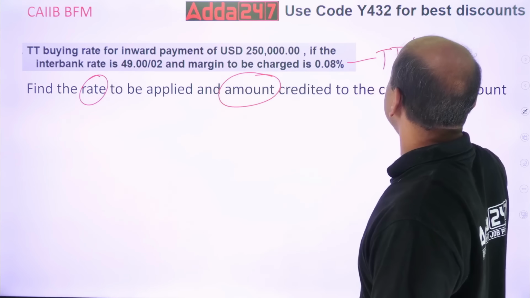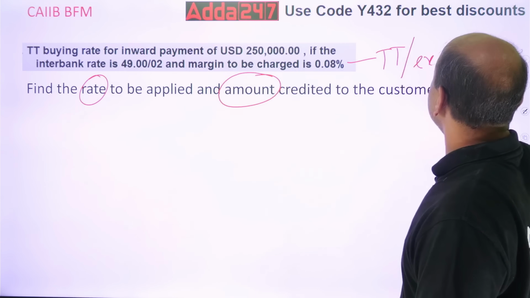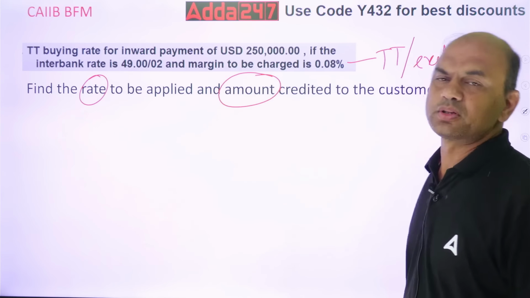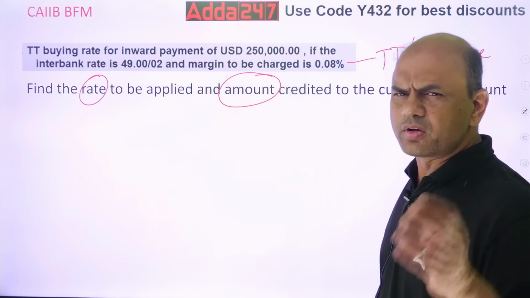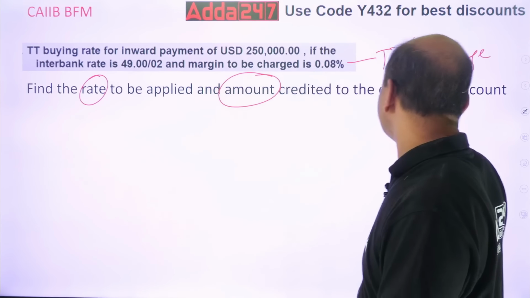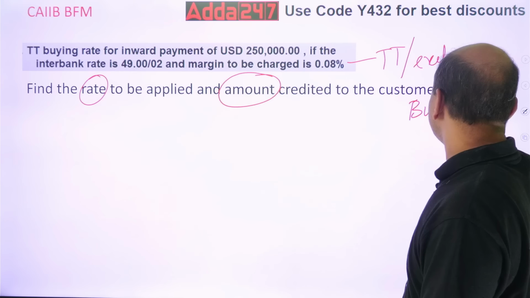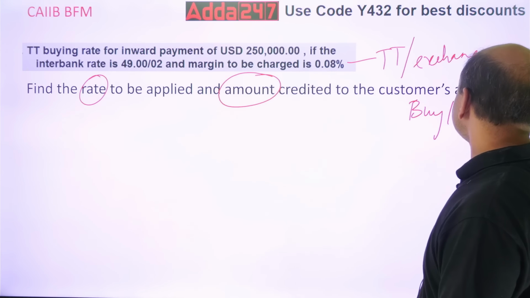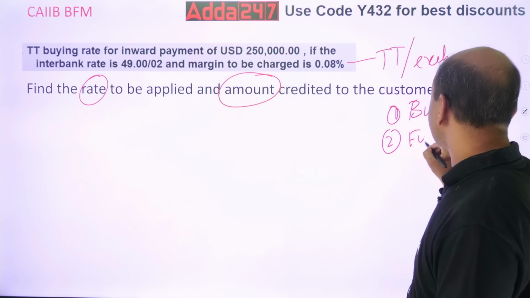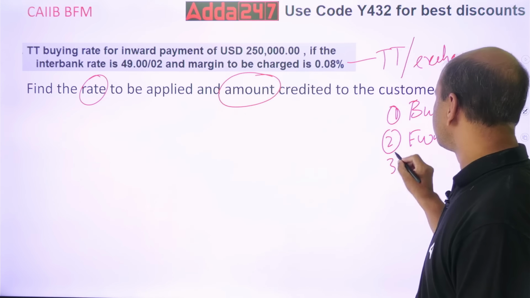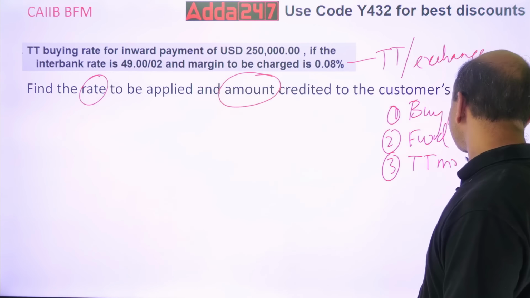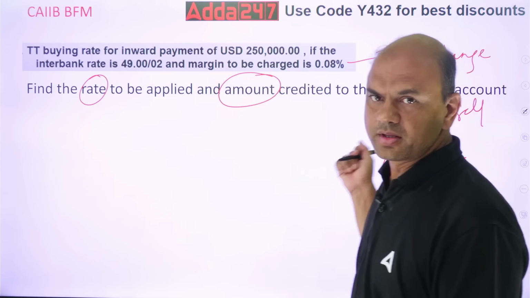Both names are the same. Follow the same sequence again. Don't change the sequence. First, buy or sell. Second, forward margin. Third, TT margin or exchange margin. Okay? These are the three steps.